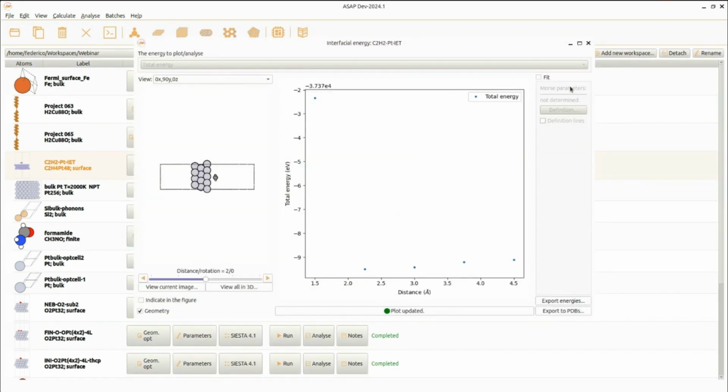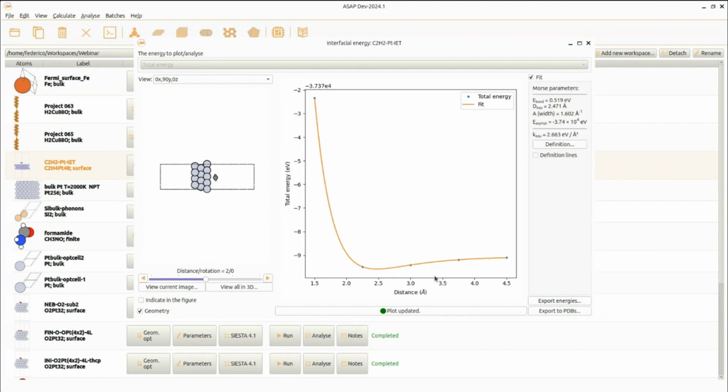And the analysis is a profile curve. Each point corresponds to a DFT Siesta calculation in this case, and the distance is the distance between, in this case, the molecule and the surface. From this information, more specifically, a force field for classical MD can be extracted.